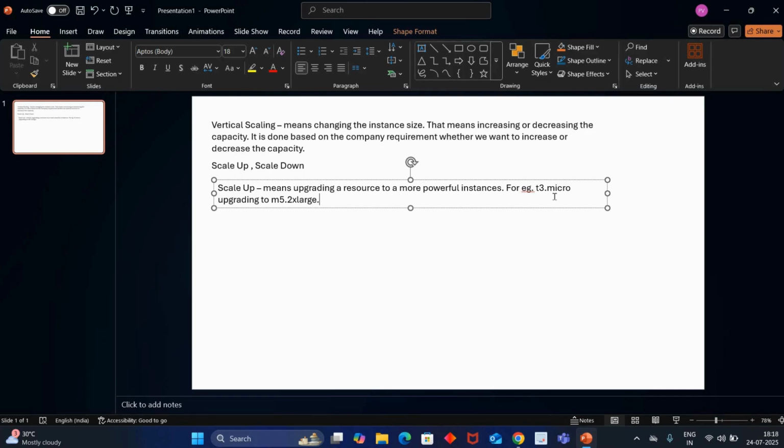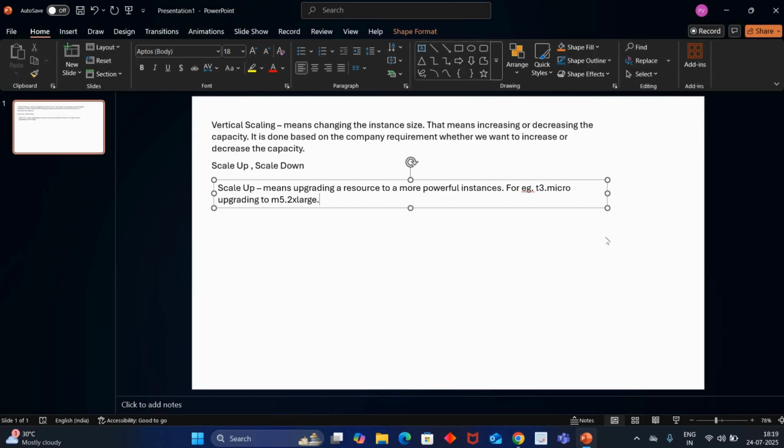But we need to increase the capacity. So at that time what we will do, we are going to increase T3 dot micro to M5 dot 2x large. Okay. So this is scale up.